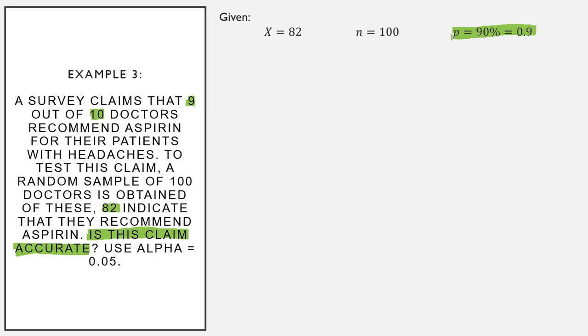Therefore, that will be the population proportion. And also, yan yung kiniklaim natin, na 90% daw po ng mga doctors is nagre-recommend ng aspirin. And then 100 sample doctors or random sample will be the sample size. And then out of 100, it says here that 82 doctors is recommending the aspirin. Okay? So yan po yung given po natin.